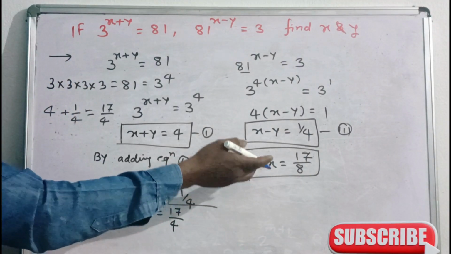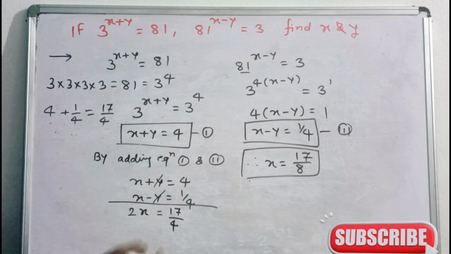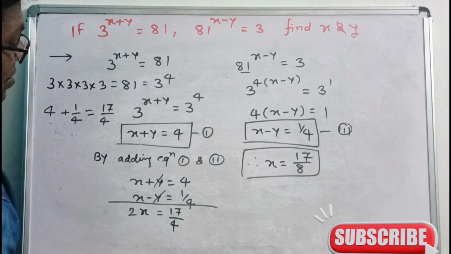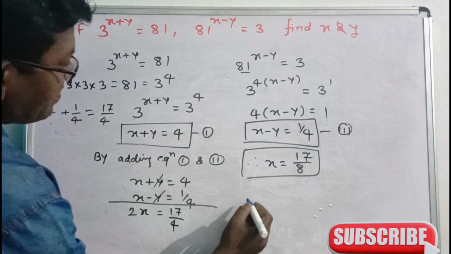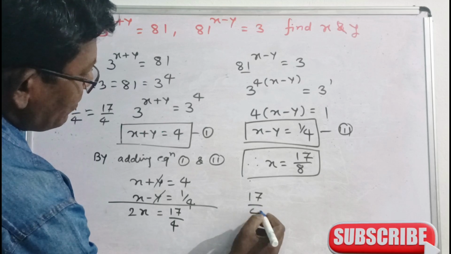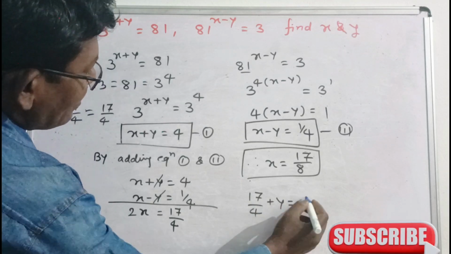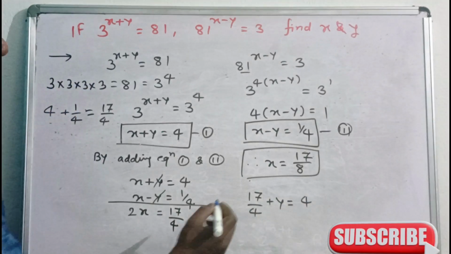Now we can put the value of x anywhere in equation 1 or 2. It doesn't matter, keep it in 1. 17 by 4 plus y is equal to 4.